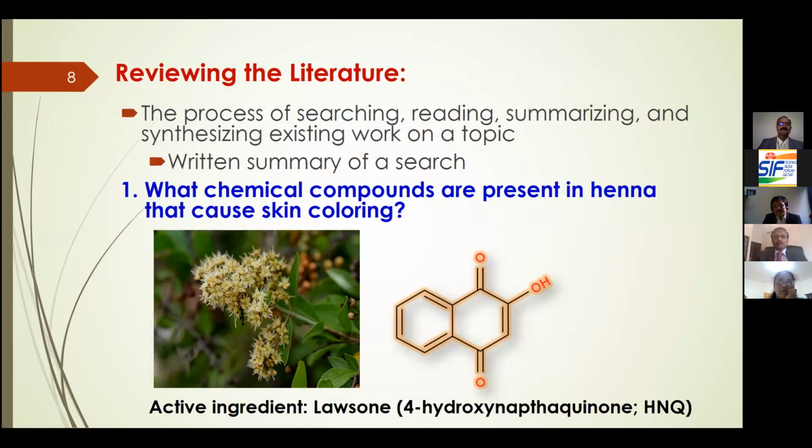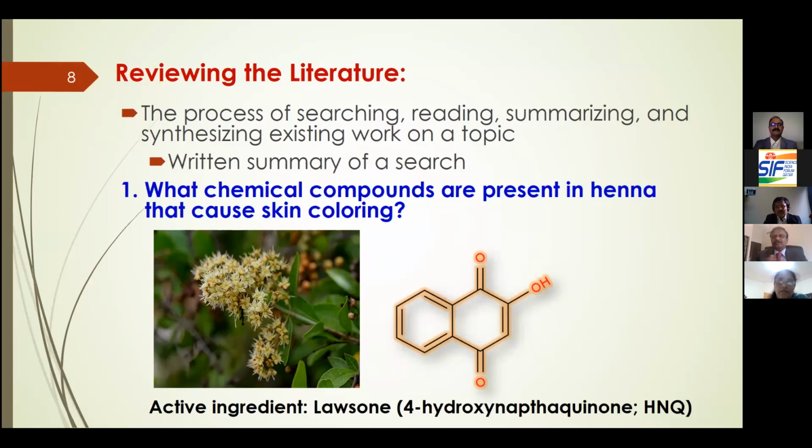and asked, what is our question? Our question is the chemical compounds that are present in henna that cause the skin coloring. So by going through, one common theme that we found was that it would always come up with this molecule that is shown in front of you. I understand most of you are in 9th to 12th grade, and this is an organic molecule.